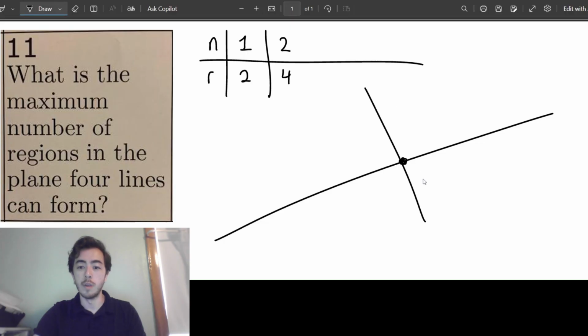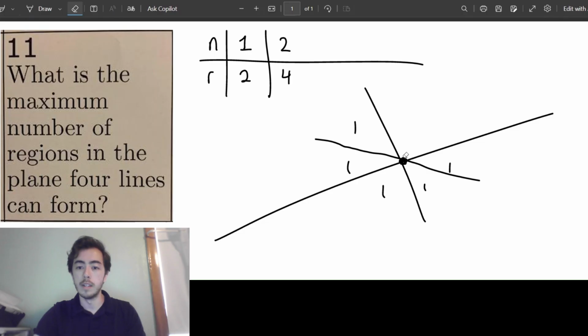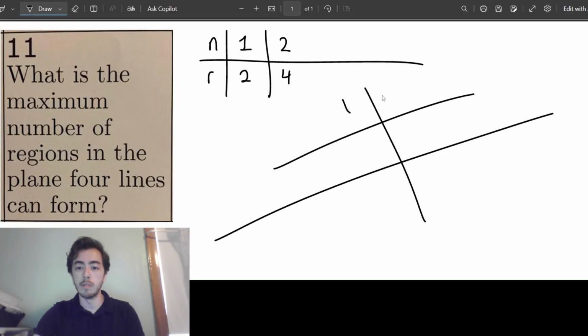If I decided to intersect this point and not be parallel to either of the existing lines, I have 1, 2, 3, 4, 5, 6 different regions. If I decided to be parallel but not intersect the existing intersection, I would have 1, 2, 3, 4, 5, 6 regions again.